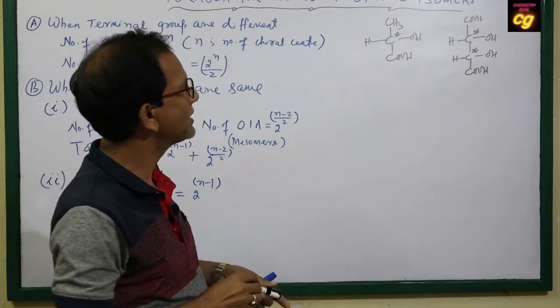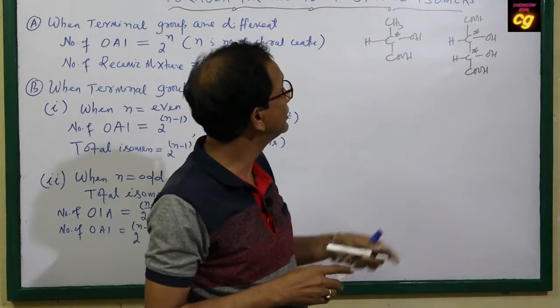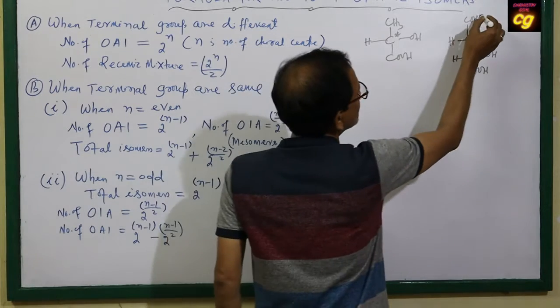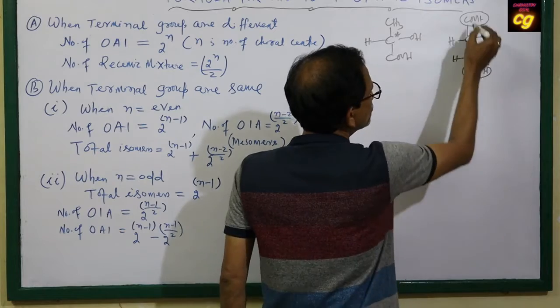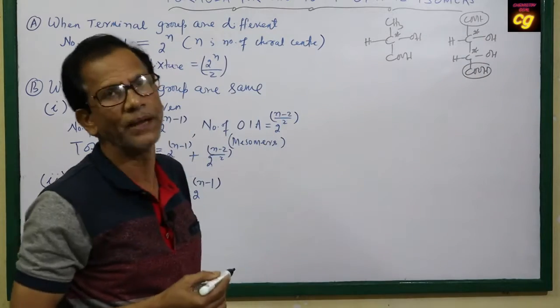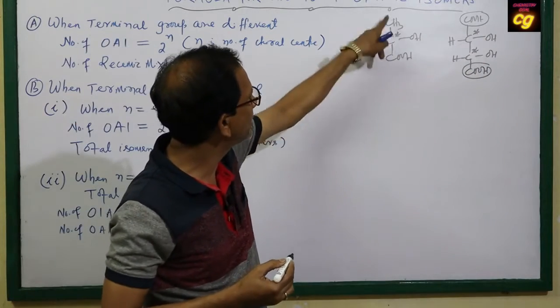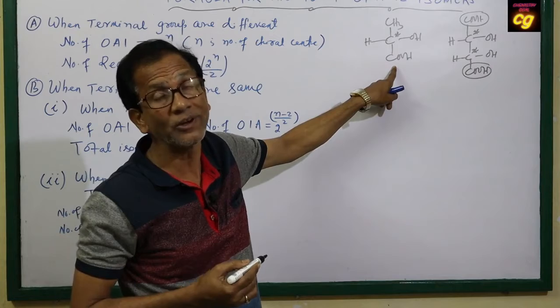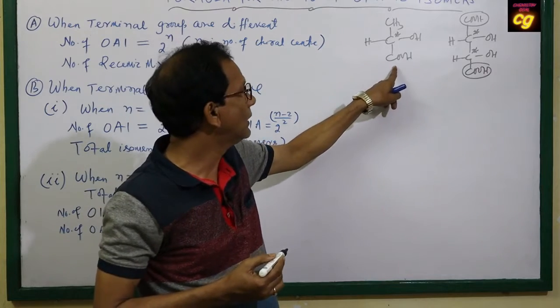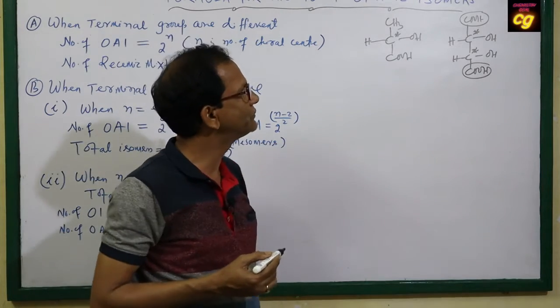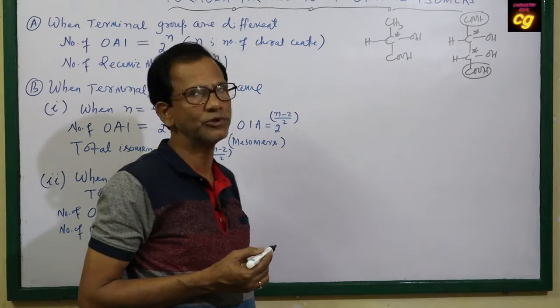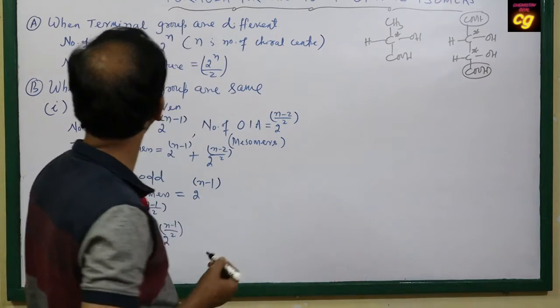Here the number of chiral centers is 2, but here this is one terminal group and this is also a terminal group. Here these two terminal groups are the same. Here these two groups are different. So these are the very important conditions to derive the formula regarding the number of optically active isomers or mesomers.